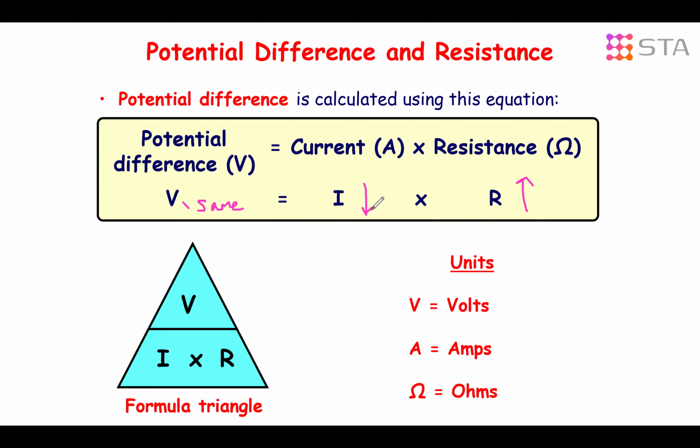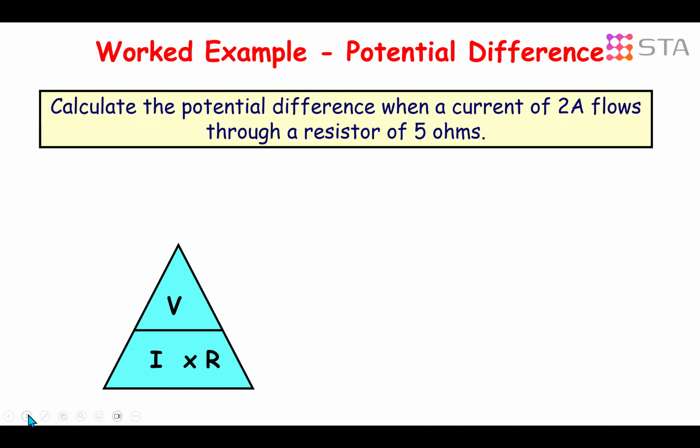Okay, so hopefully that makes sense. Please make sure you get down anything that you need to get down in terms of the formula triangle. And let's move on and let's do a worked example. Let's see if you can do this one yourself. Calculate the potential difference V when a current of 2 amps flows through a resistor of 5 ohms. Please do that now. Off you go.